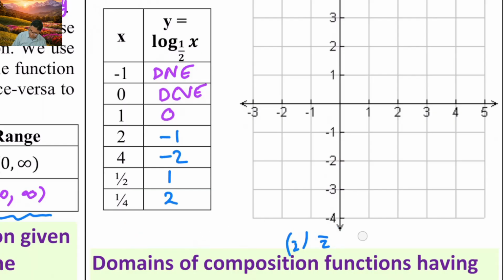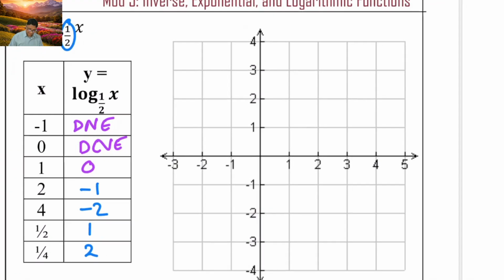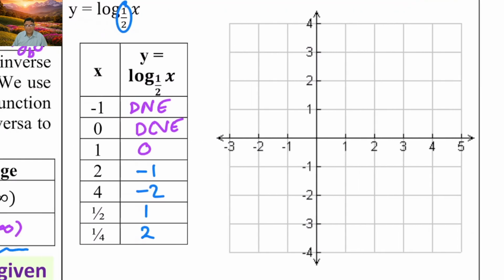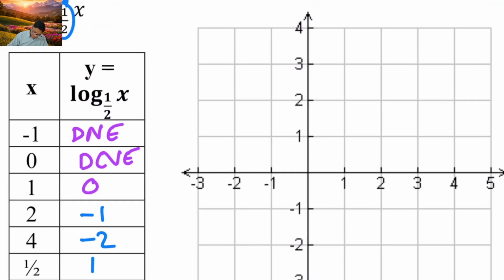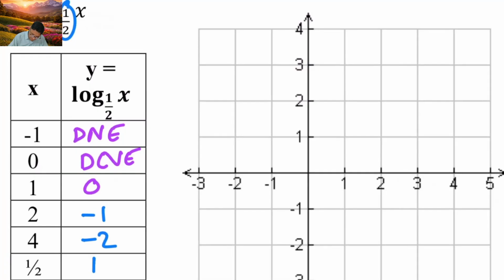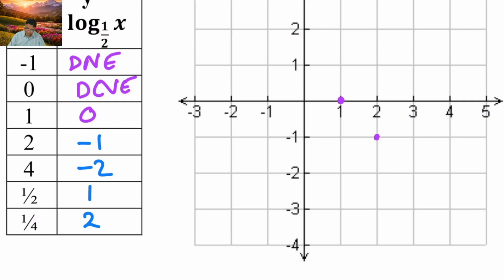All right, now let us see what kind of graph we are going to get. At 1, the output, the y value, is 0, that's always the case. But when you go to 2, the value is negative 1 now. And at 4, the value is negative 2.